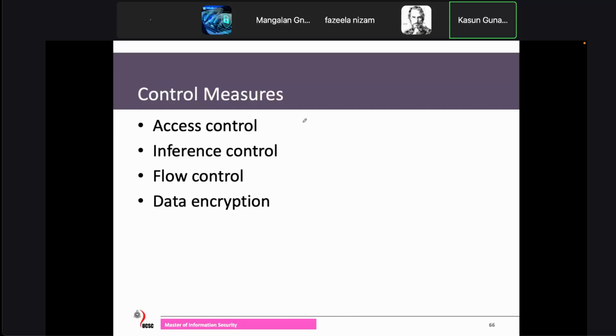That is the main mechanism of ensuring security, and then inference control, flow control, and also data encryption. So in the coming weeks, we will be looking at how access control works and how all the others are enforced.